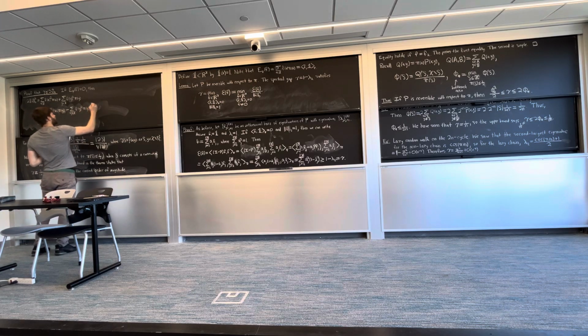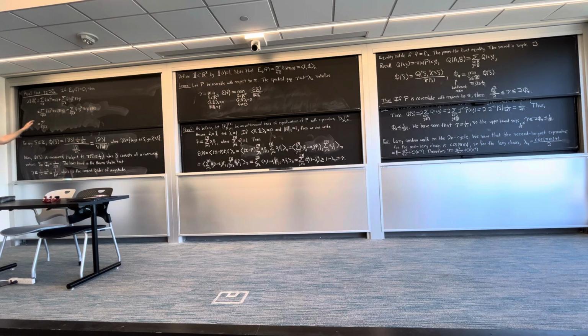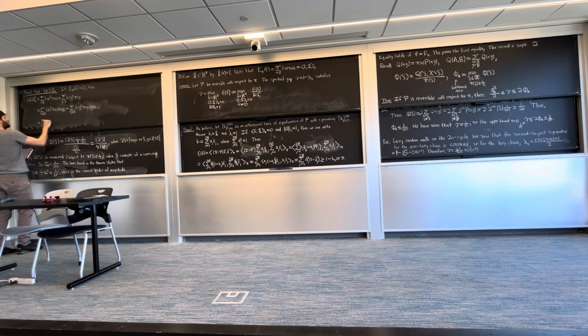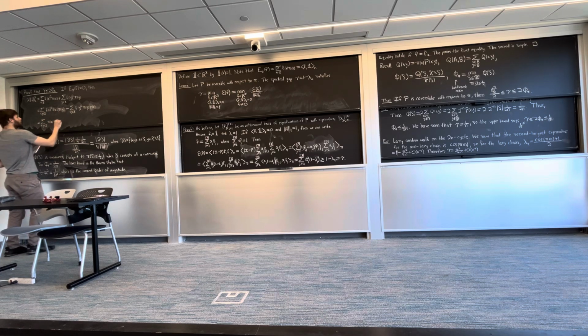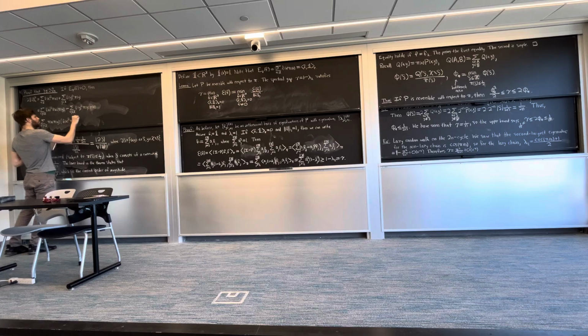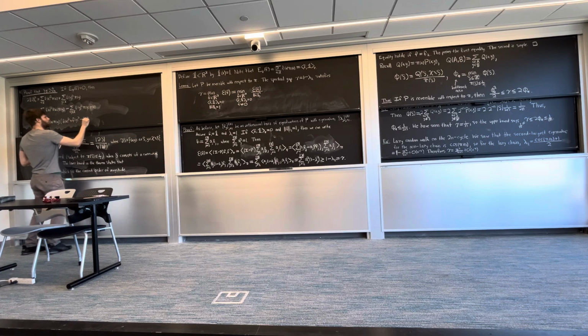And here I want pi of x. Sorry. And now if I take this sum, I'll have the pi of x pi of y. And then I'll have f of x squared plus f of y squared. But I want to write that as f of x squared plus f of y squared minus 2 f of x f of y.